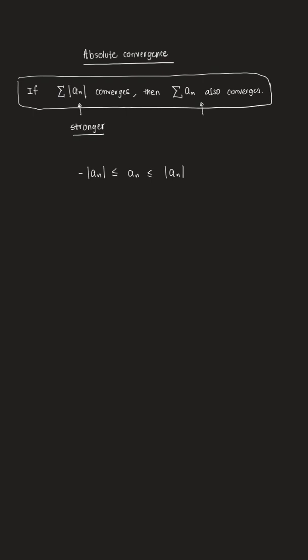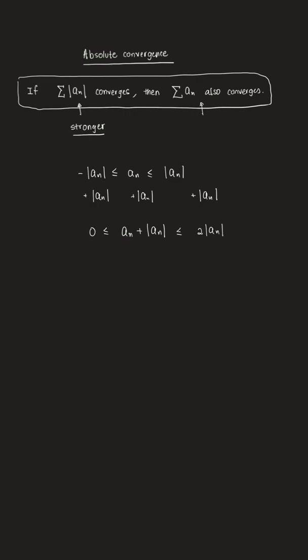We'll assume that the series in absolute value converges. So the first thing I'm going to do is add the absolute value of a sub n to every part of this inequality. And so we'll have 0 is less than or equal to a sub n plus the absolute value of the nth term, which is less than or equal to 2 times the absolute value of a sub n.